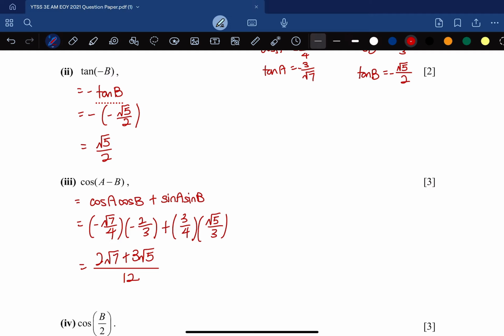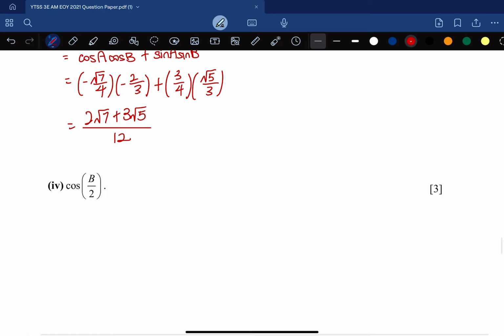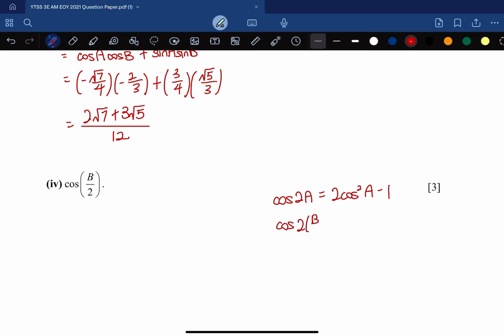And for the last one, half angle. Take note, half angle is obtained from your double angle formula. We know that cosine 2A is equal to 2 cosine squared A minus 1. If I let A be B over 2, this will become cosine of 2 times B over 2 equals 2 cosine squared B over 2 minus 1.